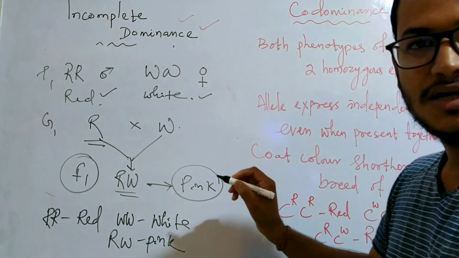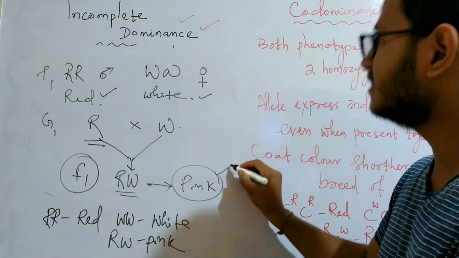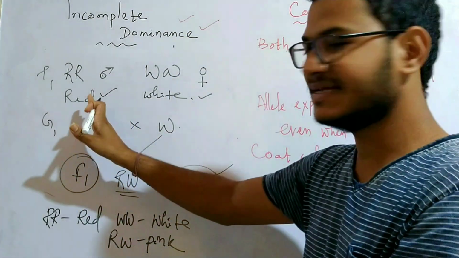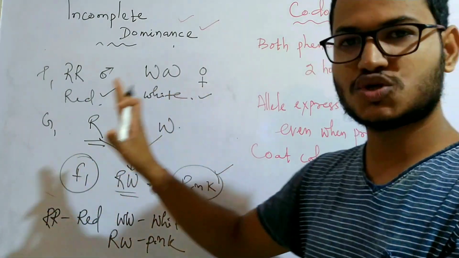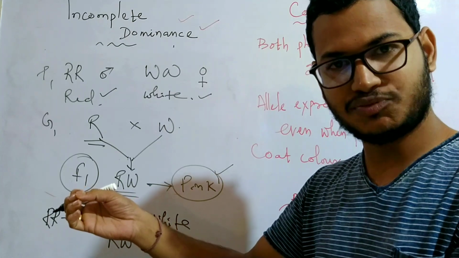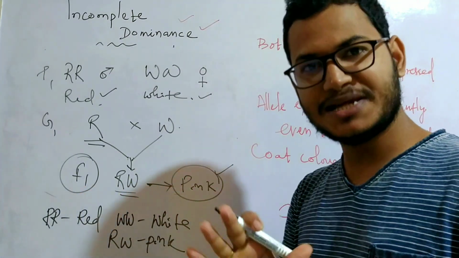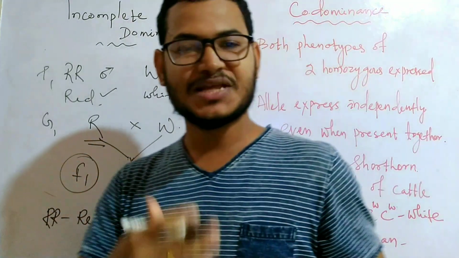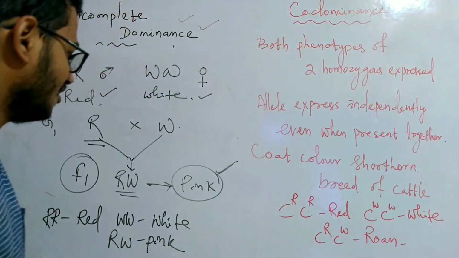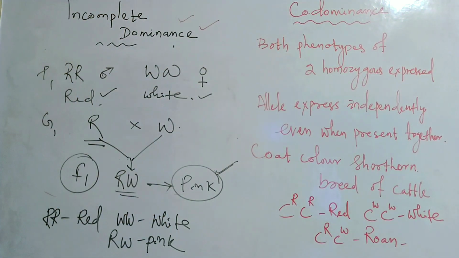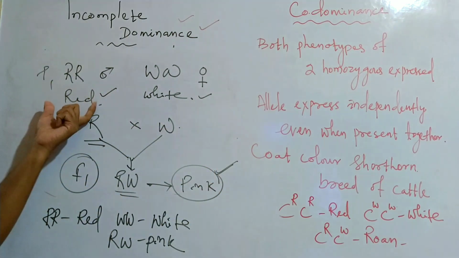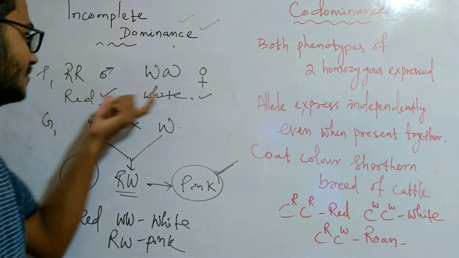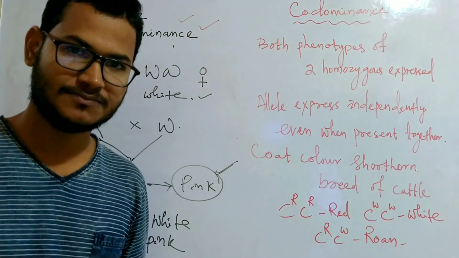That is why it is called incomplete dominance: the red character is not completely dominant over the white, but white also expresses itself a little in the F1 generation. That is why they mix together to generate a new flower color, pink. So this is the case of Mirabilis jalapa, showing how incomplete dominance is seen by crossing a red-flowered plant and a white-flowered plant.